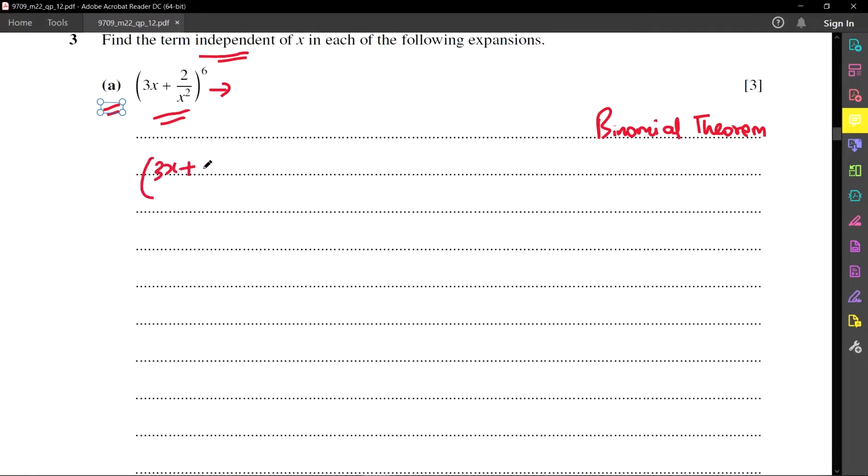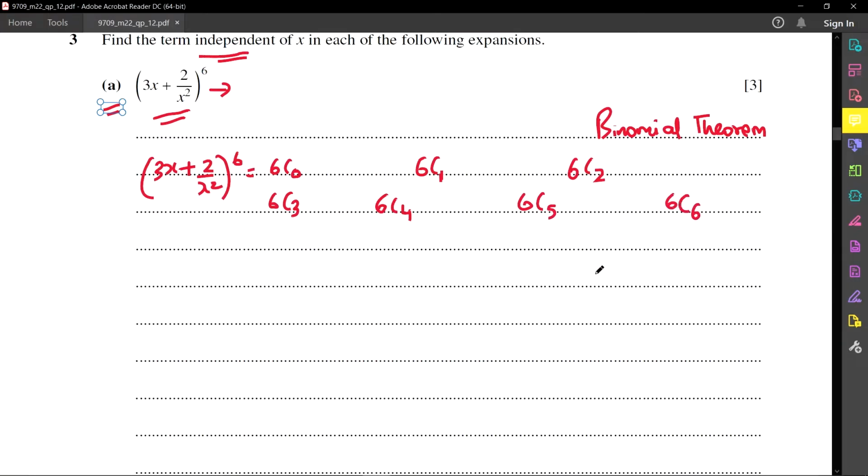The simple way of expanding this is (3x plus 2 by x squared) whole power 6. So 6C0. You can use this very simple technique to write the expansion without looking at the formula sheet. If you still want to refer to the formula sheet, that's also fine. So 6C1, 6C2, then you have 6C3, 6C4, 6C5, 6C6.